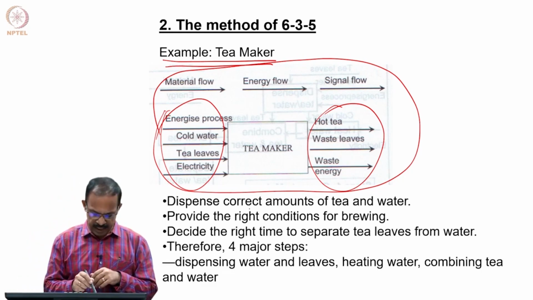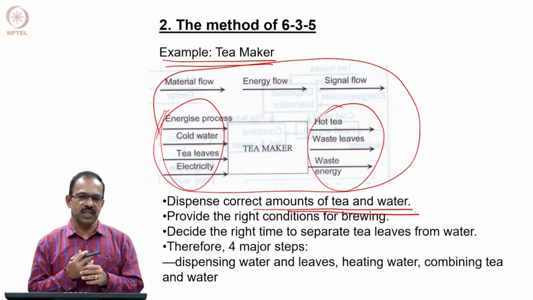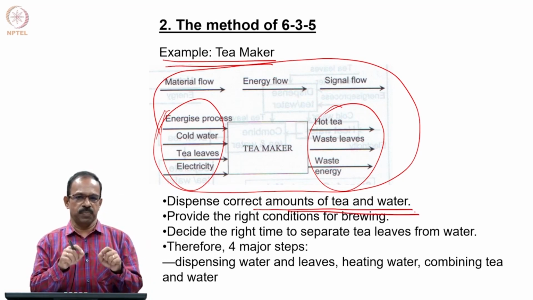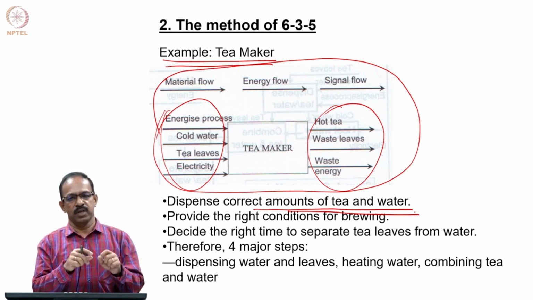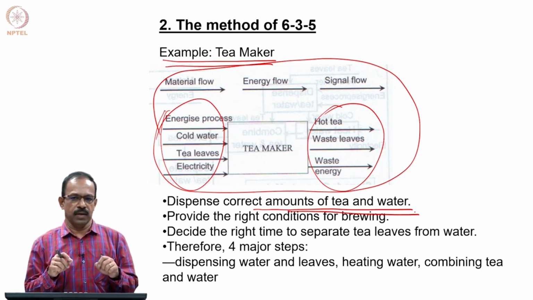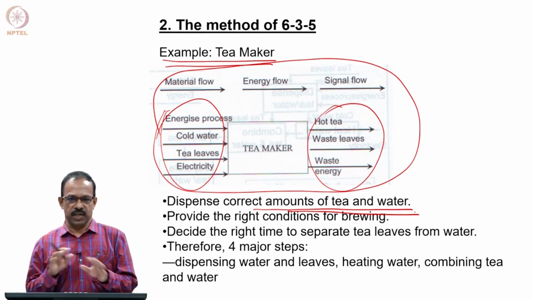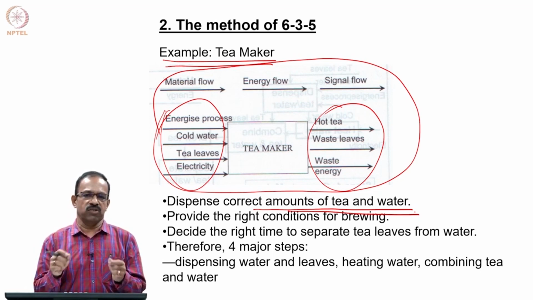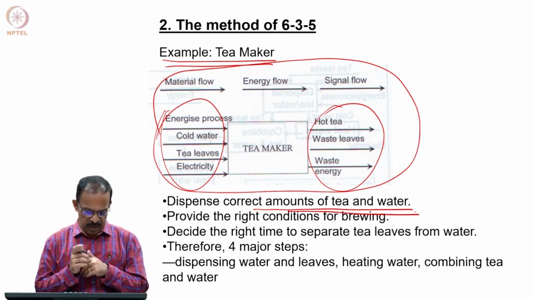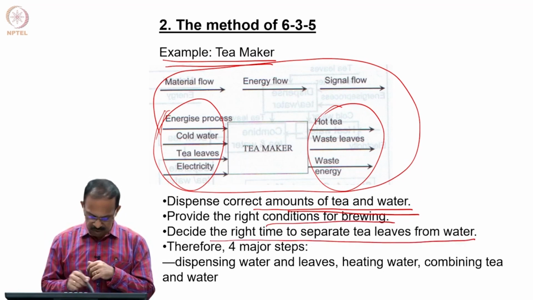So, dispense correct amounts of tea and water, that can be a function needed. One function will be dispense water, one function may be dispense tea. So, this needs to be in a proper proportion. So, we need to dispense correct amounts of tea and water. How can we actually get a concept for doing that, or provide the right conditions for brewing, decide the right time to separate tea leaves from water.